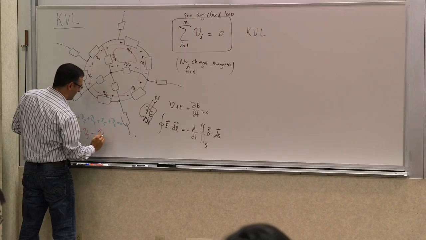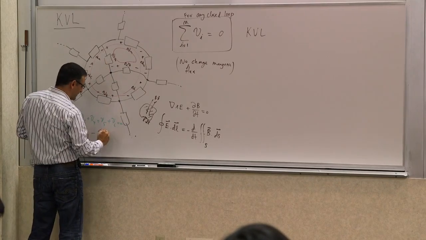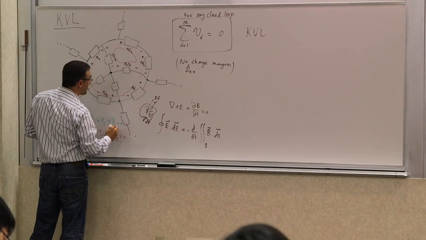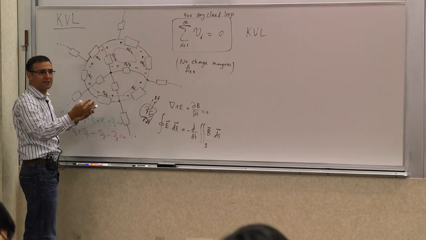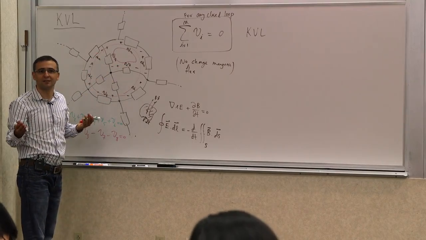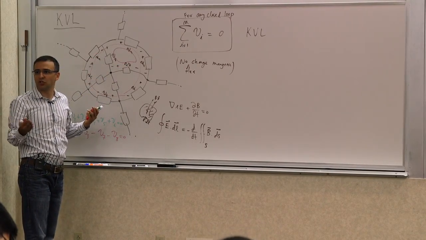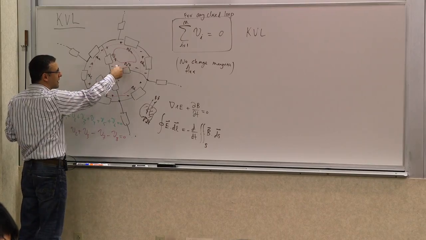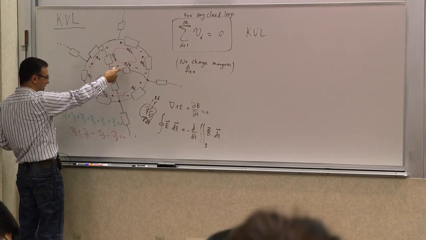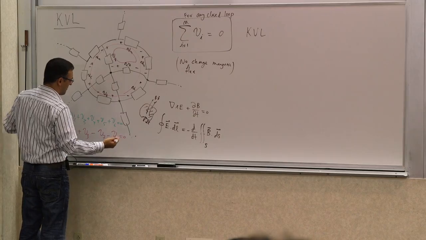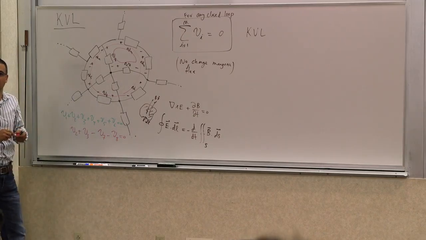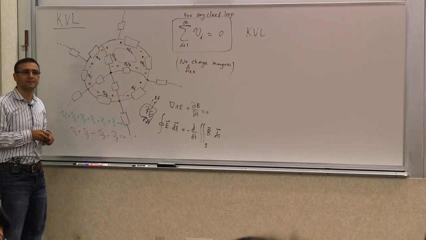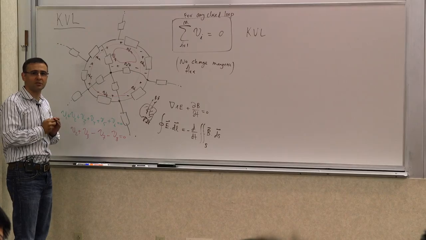Minus V7 and then minus V8. It doesn't mean that I have to go and flip these things, because there's no way I can make it positive for everything anyway. So just keep it the way it is. I just keep track of the orientation with respect to that. And then if this happens to be pointing the other way, then V7 and V8 would be negative or positive. Does that make sense? Any questions?